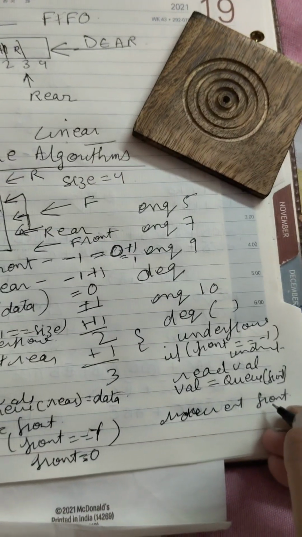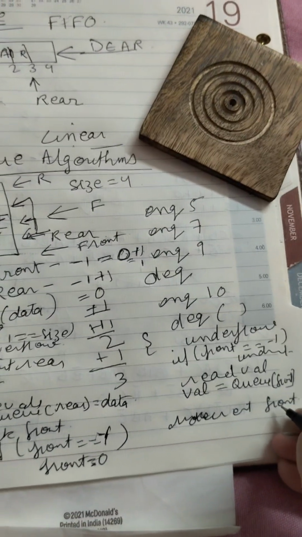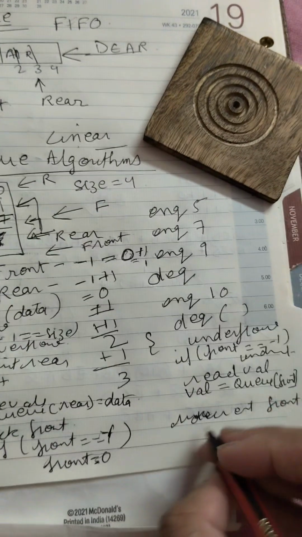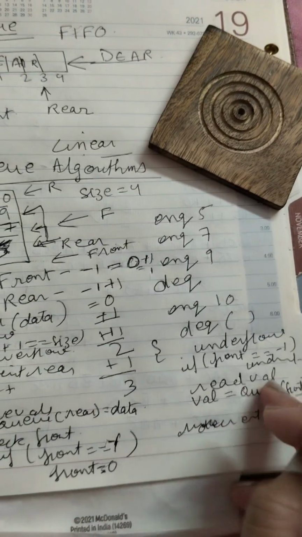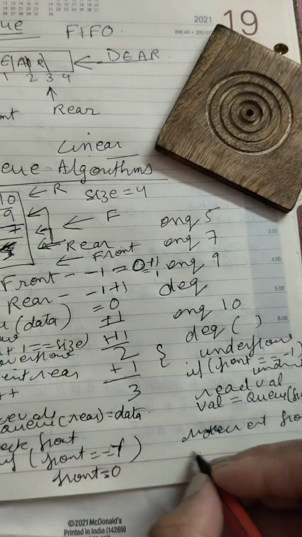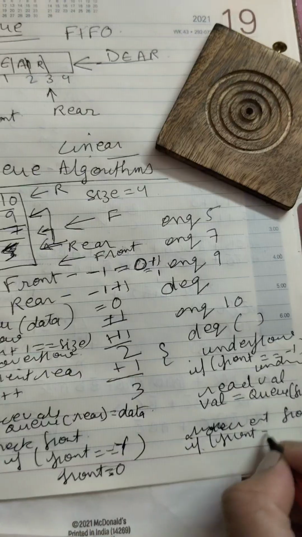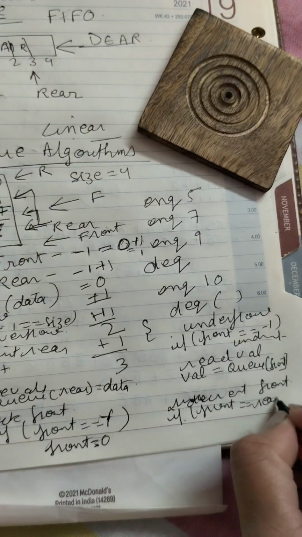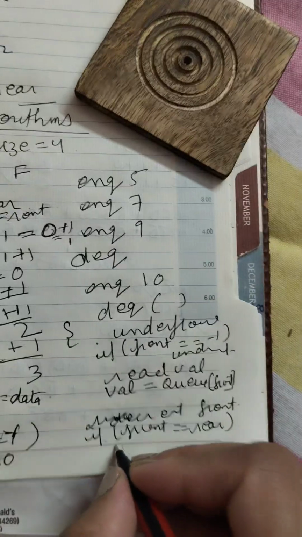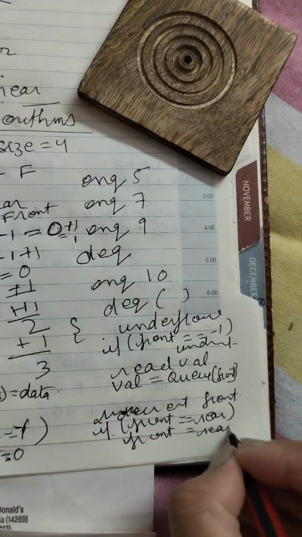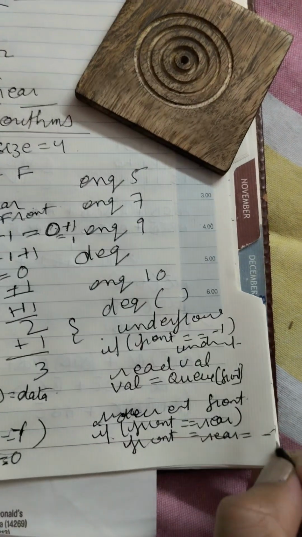Before incrementing the front, I have to check: was this the last element that I have deleted from the queue? For that the condition will be, after reading the value, if front is equal to rear, then this was the last element that I have removed from the queue. And so I will set front equal to rear equal to minus 1.